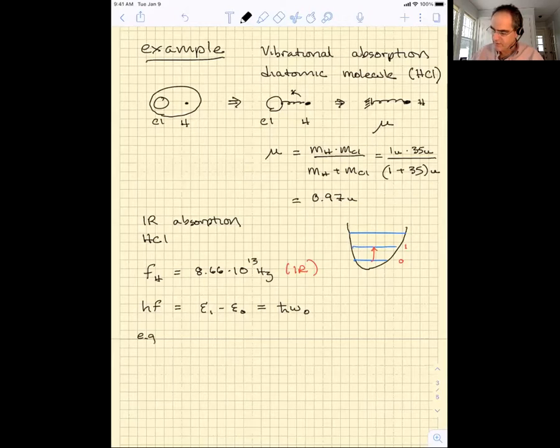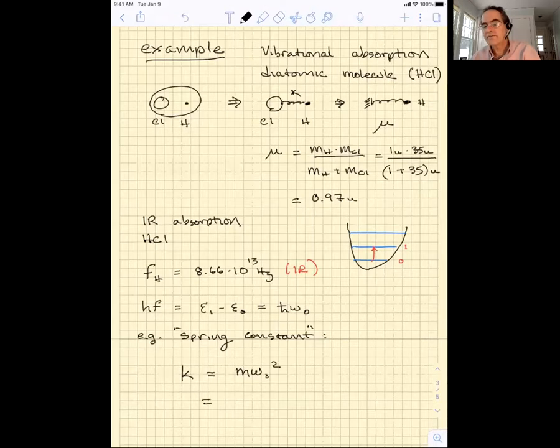For example, we might want to know the spring constant of the molecule. How strong, how springy, how stiff is the bond between the atoms? In the harmonic approximation, the bond stiffness is characterized by a spring constant. And of course, the spring constant, K, is equal to m omega naught squared.